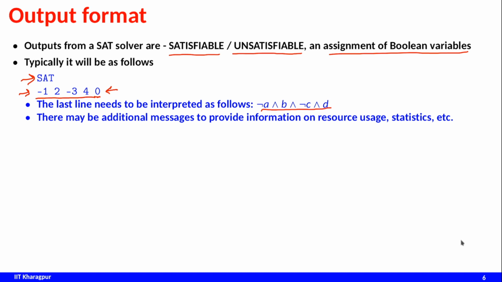So A should take 0, B should take 1, C should take 0, and D should take 1. That is the interpretation. And depending on the tool, it can print additional messages to provide some information on resource usage and statistics, so that you can explore on your own.